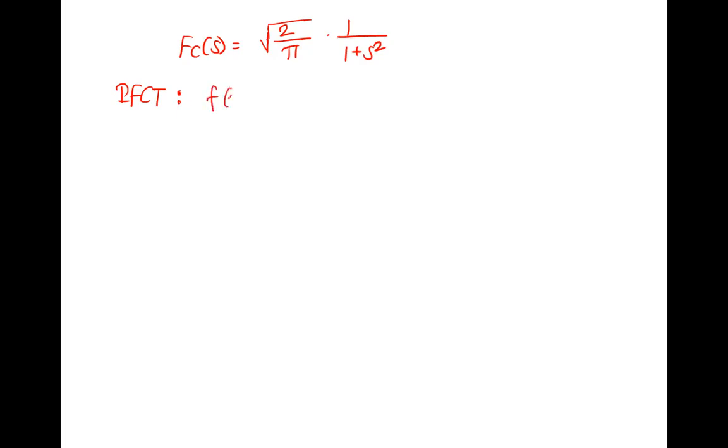So f of x is, what is the definition, under root 2 upon pi integral from 0 to infinity FCS cos xs ds. Put in the FCS that we have got.